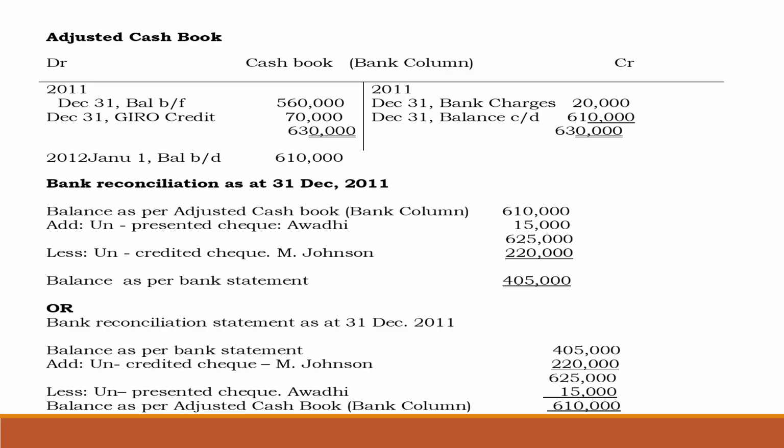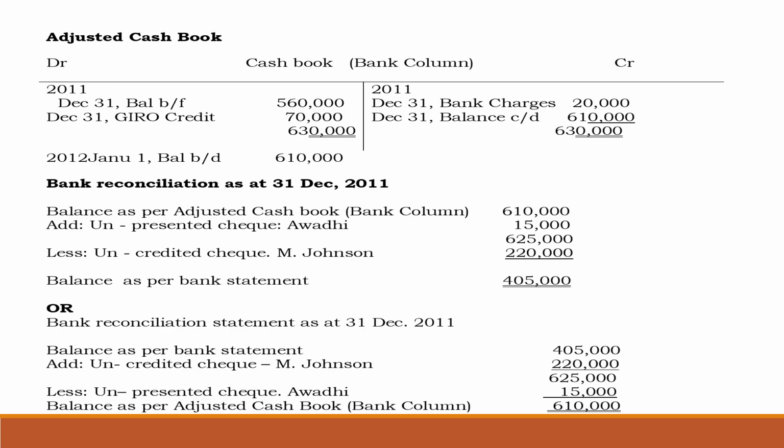But if we make an adjustment to the cash book, it means we adjust the cash book with items that appear on the bank statement. If you refer to the bank statement, you find there were two items not in the cash book.